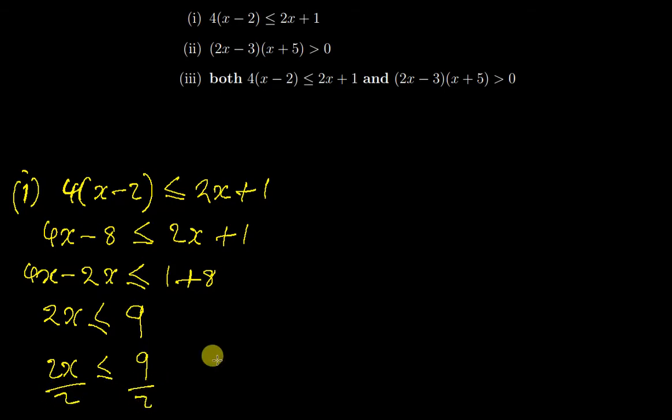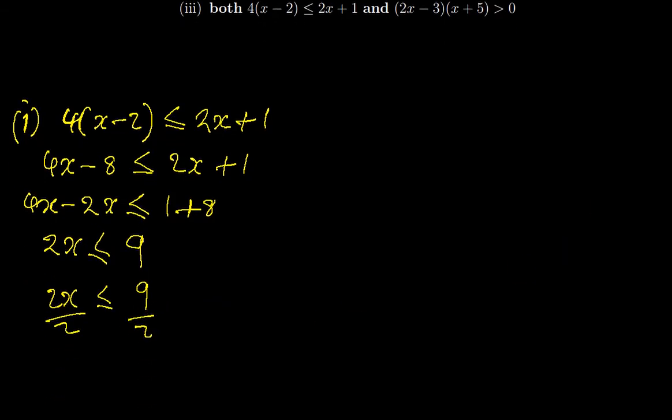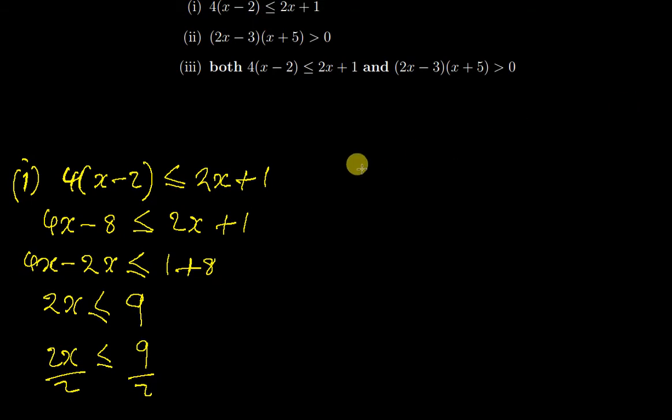After dividing by 2, we find the value of x to be, this one and that one will cancel, so we remain with x is less or equal to 9 over 2.